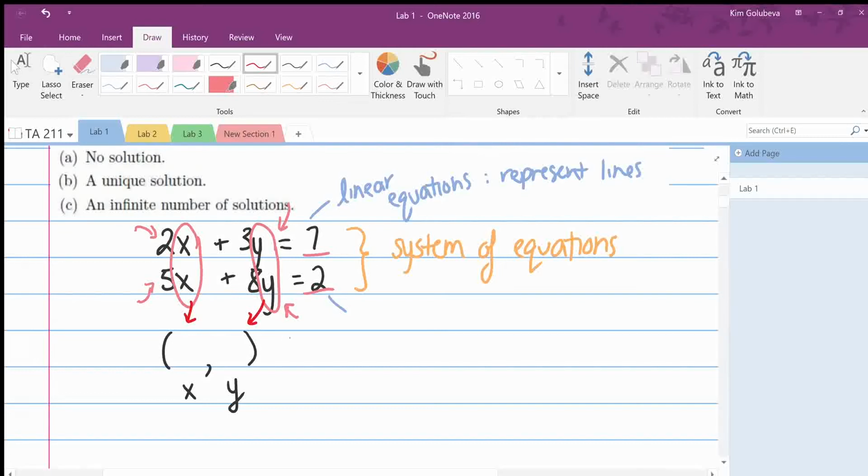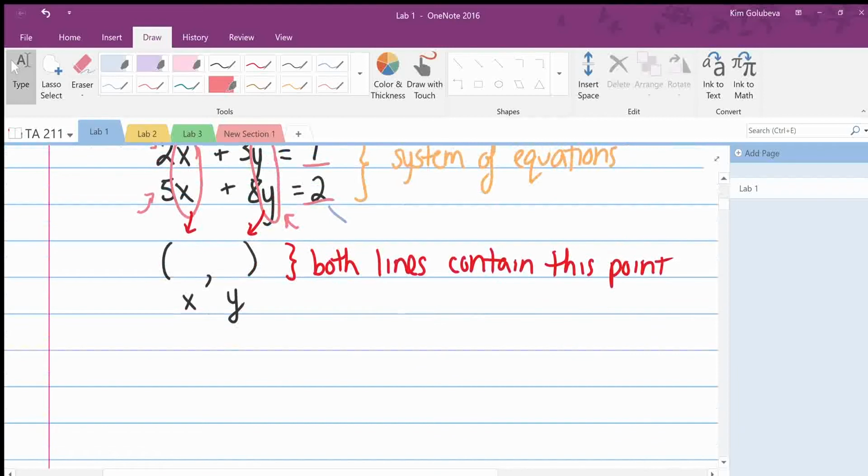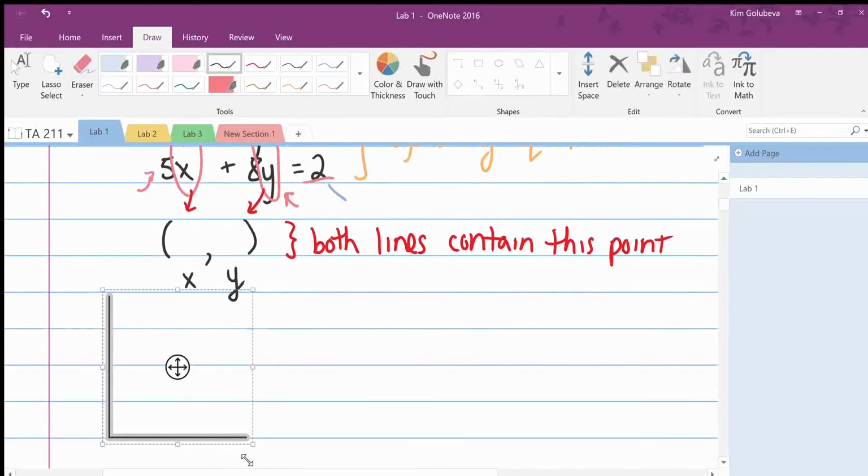So the coordinate pair, both of these lines contain this point. Okay, so that should help us out with trying to understand geometrically what's going on here.